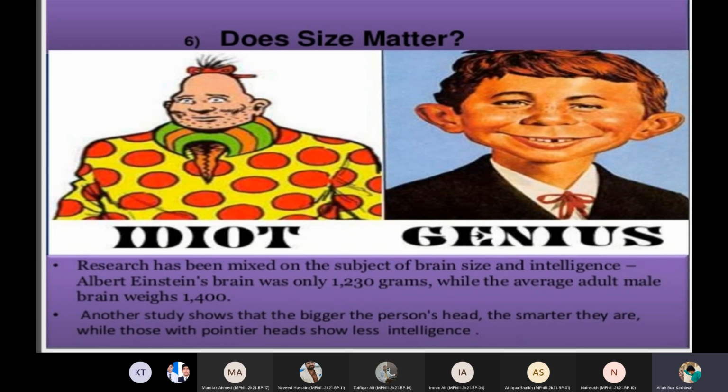It is a God-gifted character, and a person may have a smaller brain size but good intelligence, and a person may have a large brain but be thinking silly. So the size of the brain doesn't match with the intelligence.